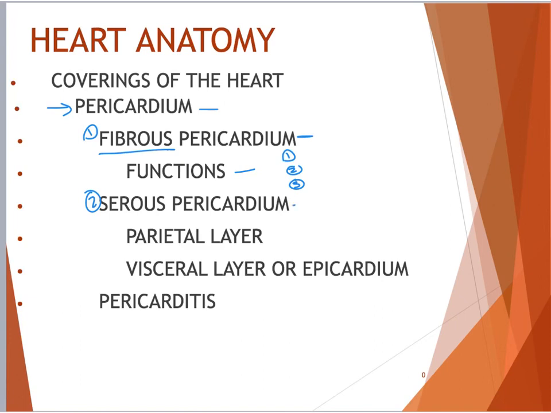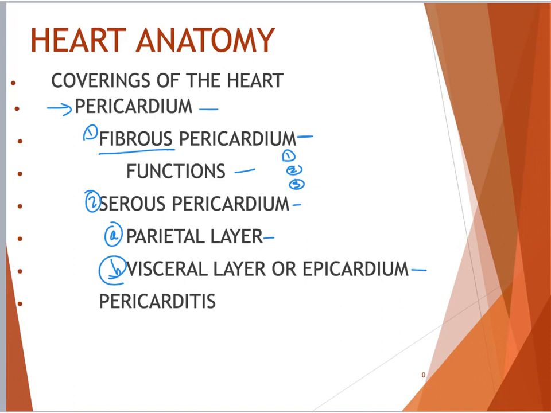The second of those 2 layers of the pericardium is what we call the serous pericardium. This is the serous membrane that we learned about in A&P 1. The serous pericardium is deep to the fibrous pericardium. It is thin and slippery like every serous membrane. And again, like every serous membrane, it is composed of 2 continuous layers.